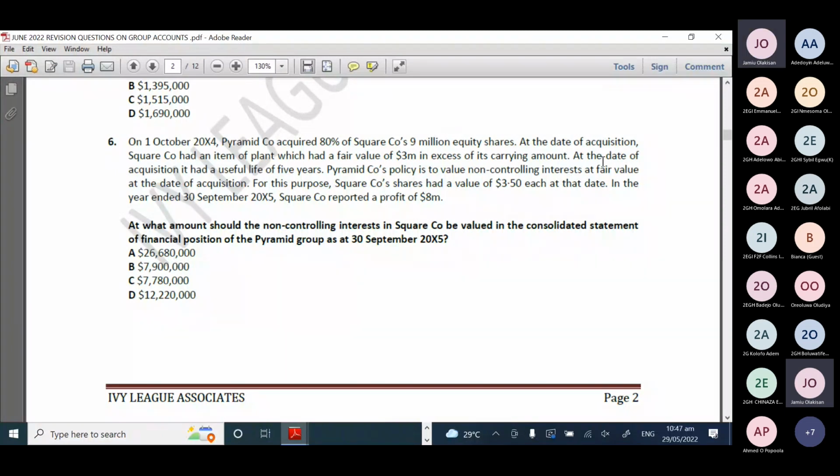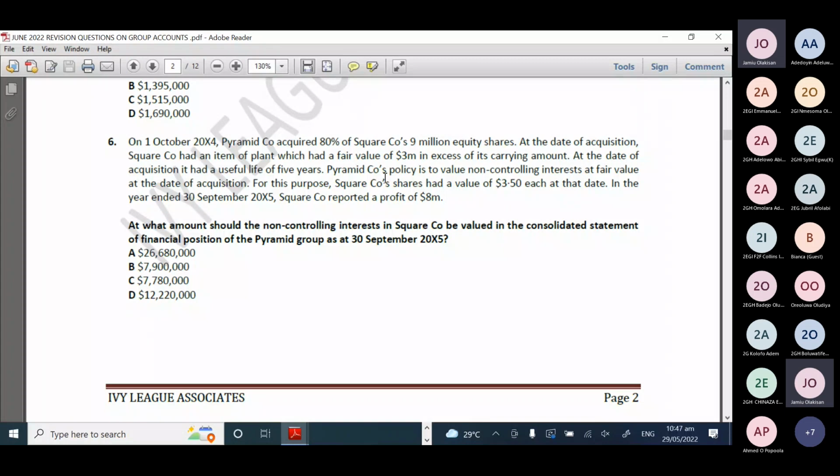But let's now read further. At the date of acquisition, it had a useful life of 5 years. What should be going through your mind then is additional what? Additional depreciation. Exactly. That is what will reduce our profit. That is one of the adjustments that we have to extend to the post-acquisition retained earnings column.